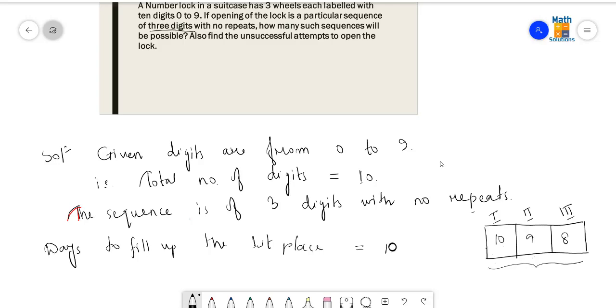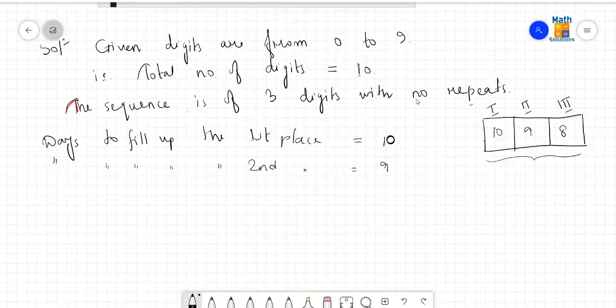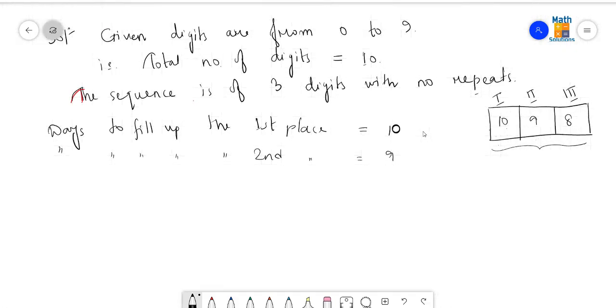Then ways to fill up the second place is equal to 9. Coming to the third place, ways to fill up the third place will be equal to 8.